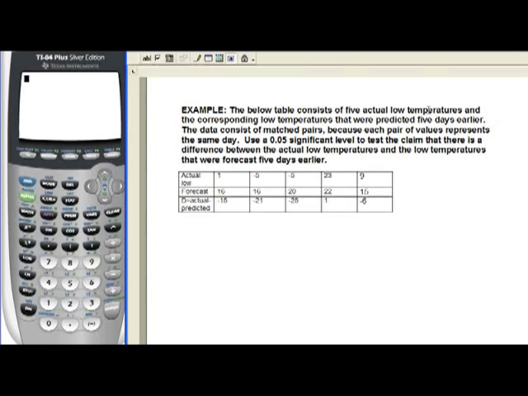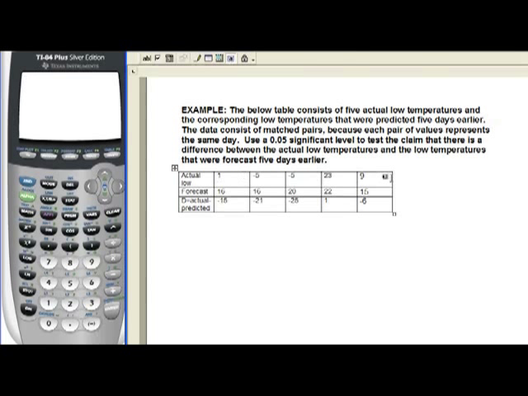We have 5 actual low temperatures and predicted low temperatures, and they are matched. That's data that consists of matched pairs, same day readings, predicted and actual. I want to use 0.05 to test the claim that there is a difference between the actual lows and the ones that were forecast five days earlier.